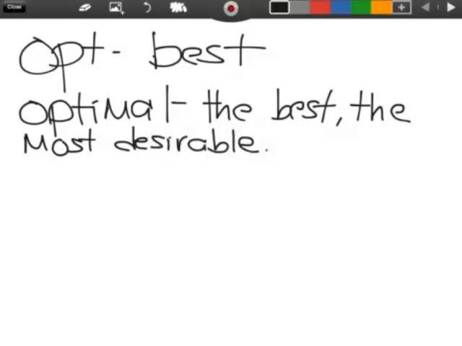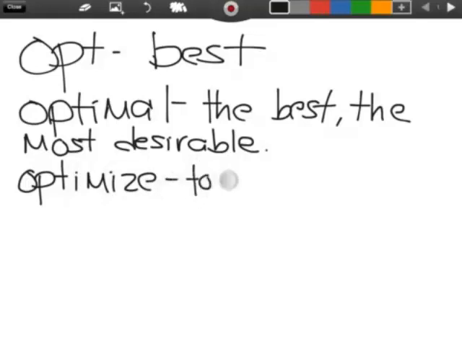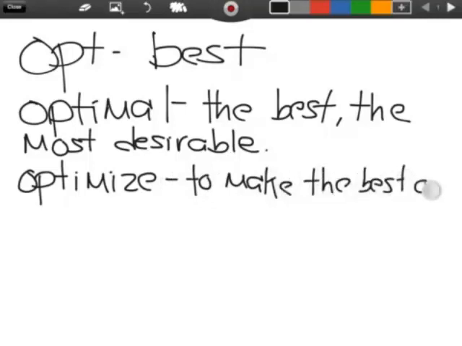My second word is going to be optimize, to make the best of.